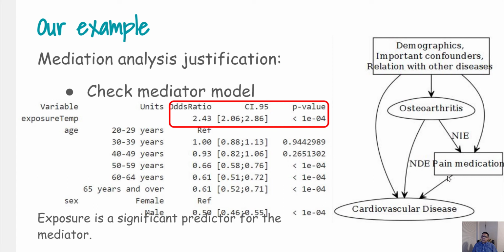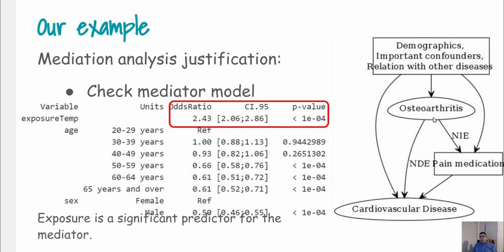Alright, so in the lab, one of the things we do at first is we try to check whether our exposure variable is a significant predictor of the pain medication or not. Since we are trying to justify a mediation analysis, we need to see whether these variables are at all related or not.